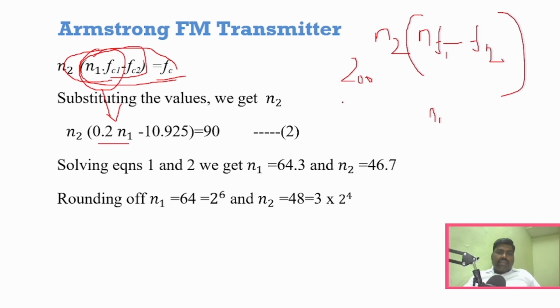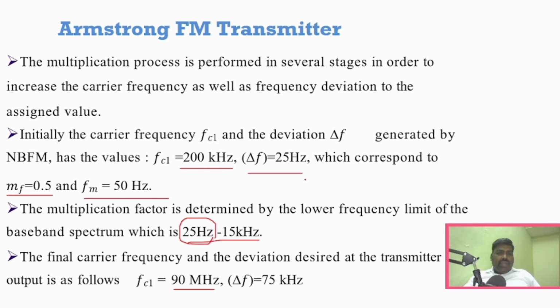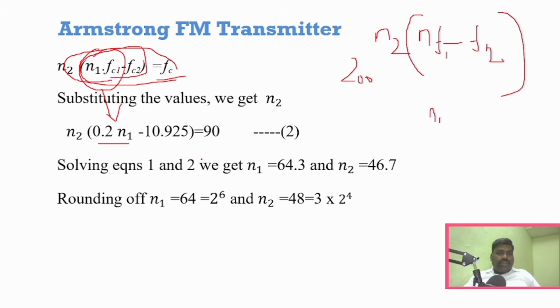See that? The normal carrier frequency is 200 kilohertz. That is FC1. So N1 into 200 kilohertz, which is 0.2 into N1, and minus 10.925, the second carrier frequency, minus 90.